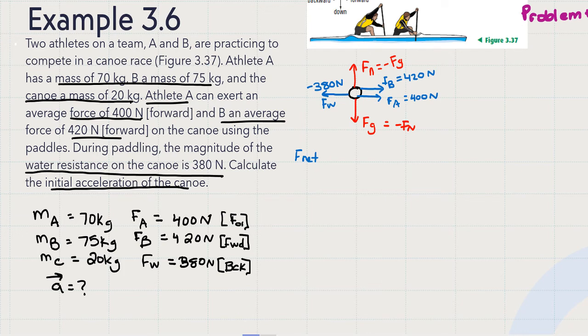So our F net in the x direction is going to be FA plus FB plus FW, which gives us 400 newtons plus 420 newtons plus negative 380 newtons, which will give us a resounding 440 newtons.